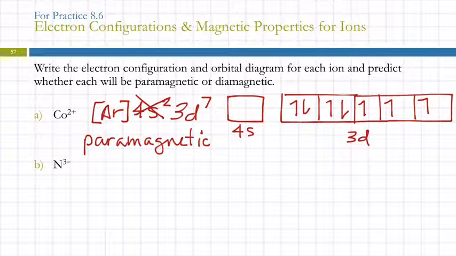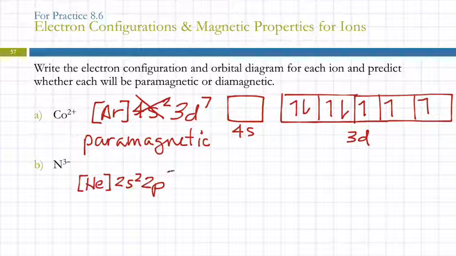Okay, let's look at nitride ion. So for the noble gas electron configuration, we've got helium. It doesn't save us much, but what the heck. And then after helium, we've got 2s2 and 2p, how many? 3.